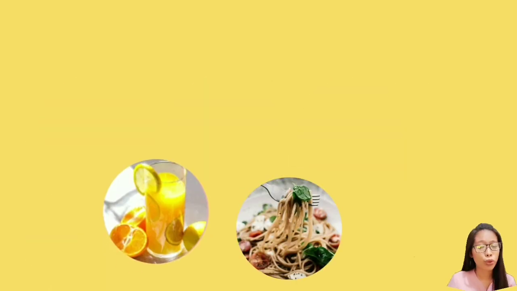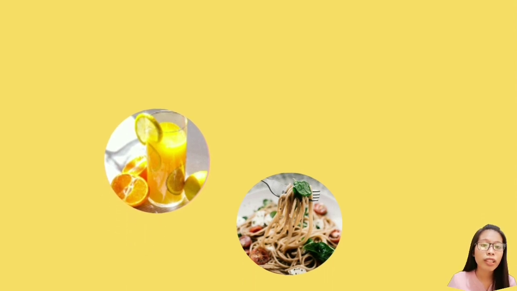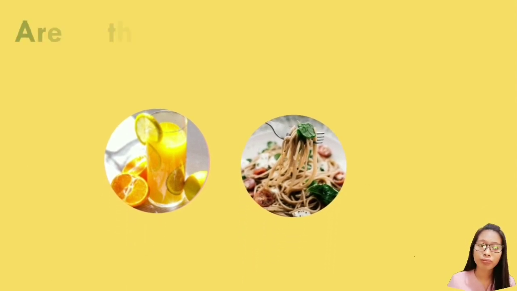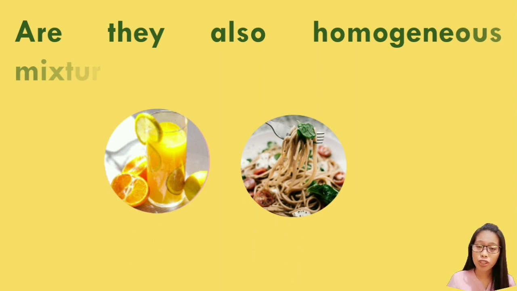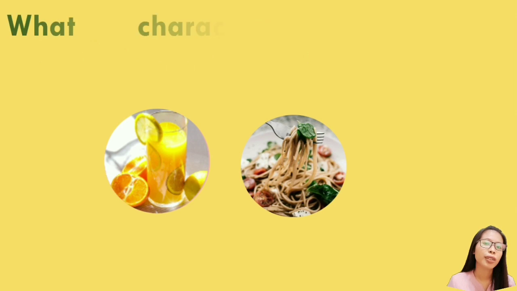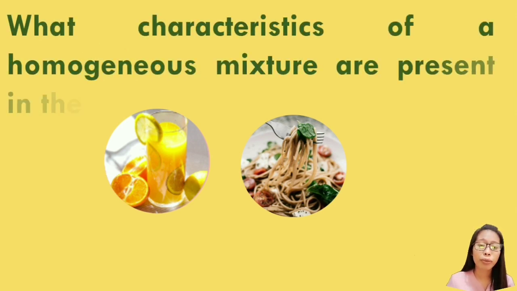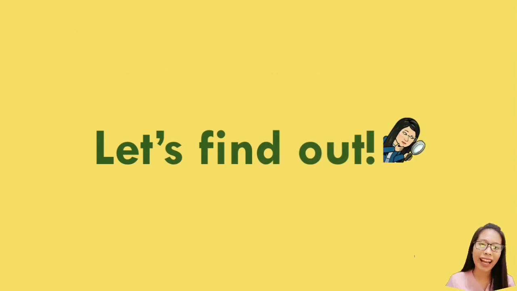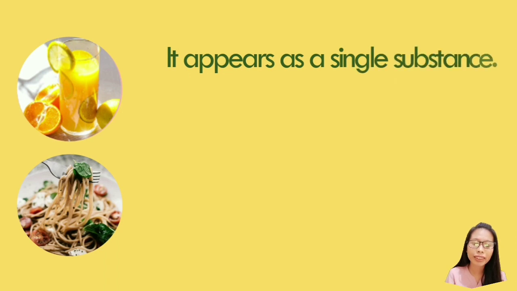How about the juice with orange fruit and noodles? Are they also homogeneous mixtures? Why do you think so? What characteristics of a homogeneous mixture are present in them? Let's find out. Do they appear as single substances?